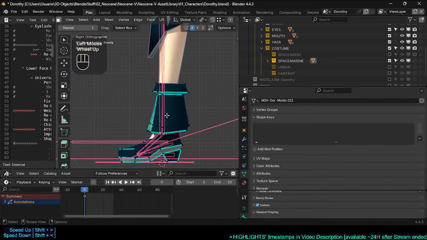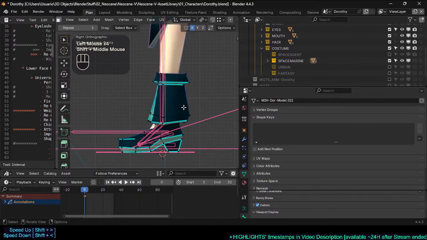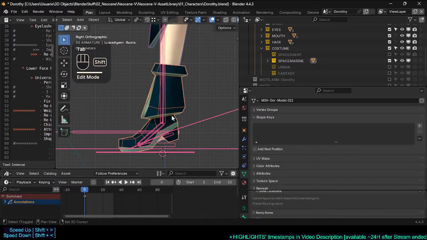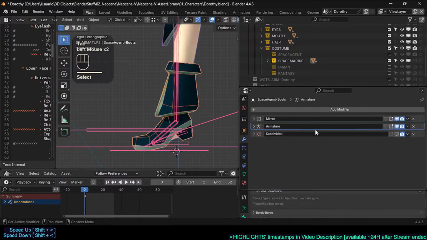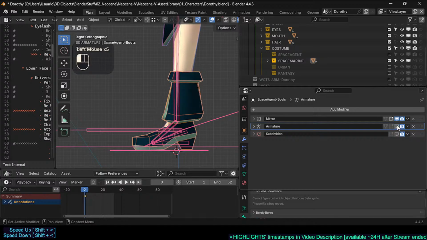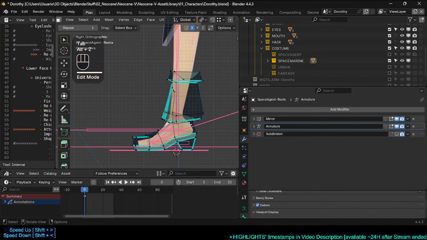It's the same mesh as this one basically. It was a duplicate, and I've changed the material, so we can exercise this fixing here. I think it is rigged. Yeah, it is rigged, so we're going to try this again.